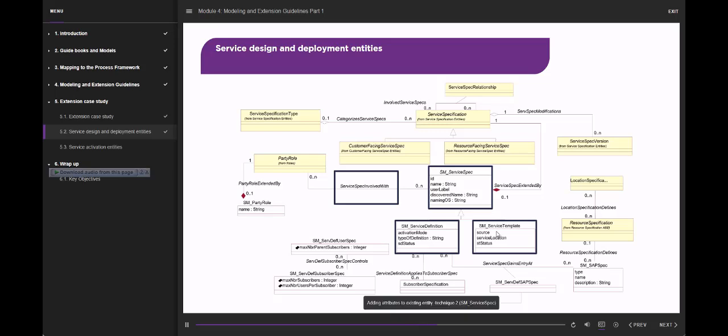And finally, adding attributes to existing entity technique 2, SM underscore service spec. In the information framework model, these attributes were implemented as an entity related to the service specification rather than becoming attributes of service specification. The reason is they were not applicable to all service specifications in general.